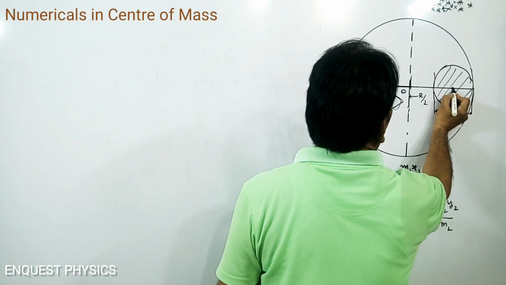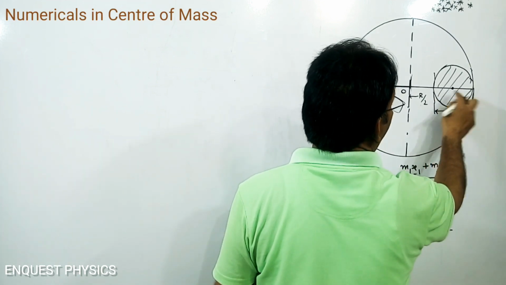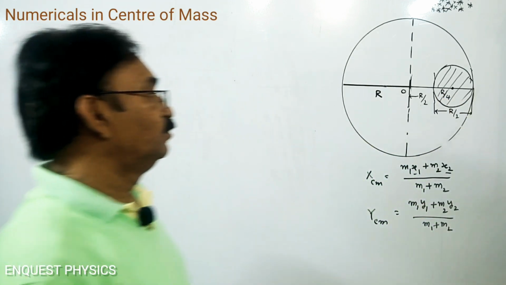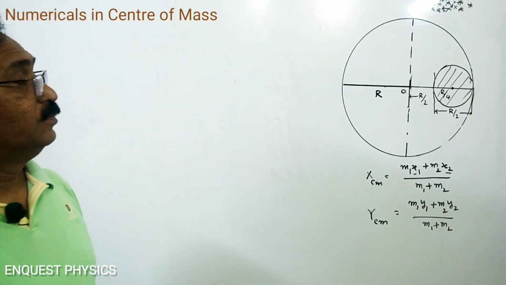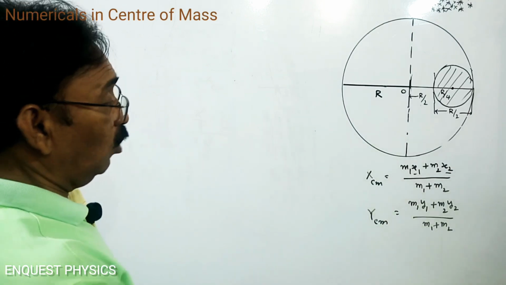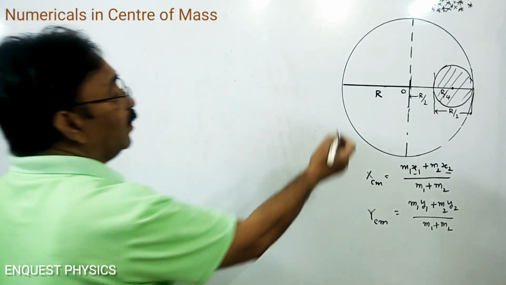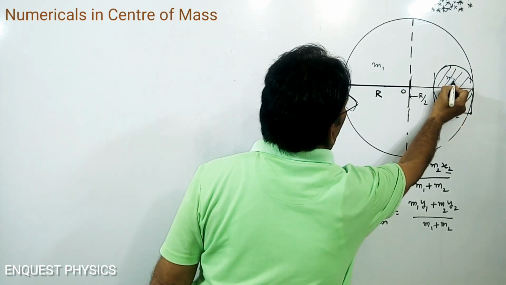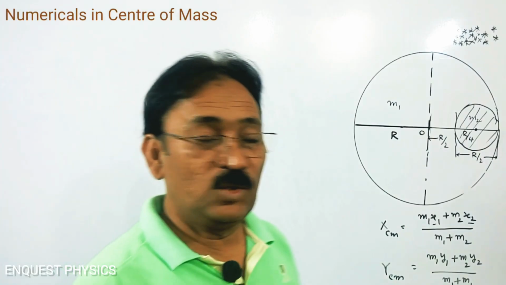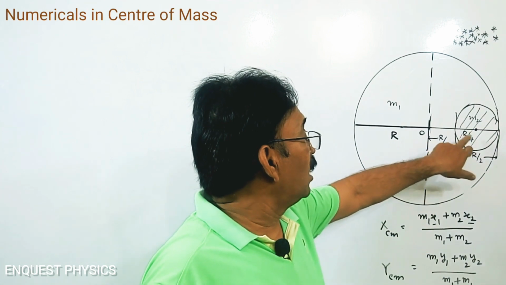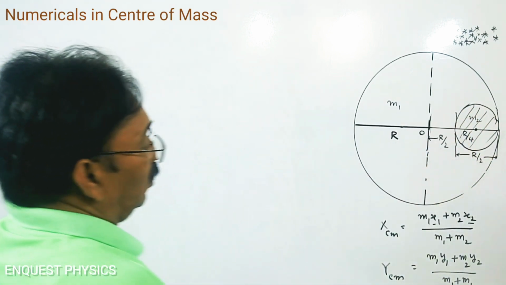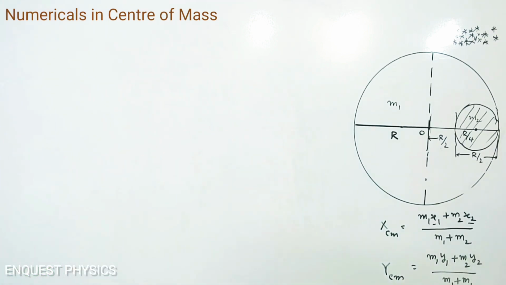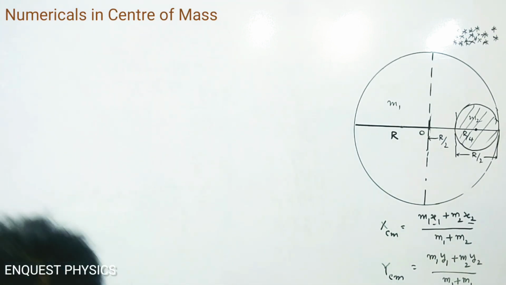Okay students, it is the r by 2 means what? This part is r by 4. Okay, we have to use the same here. It is m1 and it is m2. Here it is r by 2 and it is r by 4. First we have to go with the same procedure what we followed there.